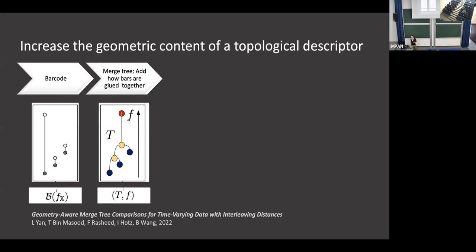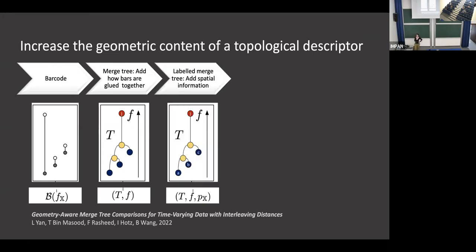So we have some information how these barcodes are glued together, but still we don't care where the critical points are. And the next step is something that we call a labeled merge tree, where we superimpose some geometric information on the leaves of the merge tree to bring more geometry into play.